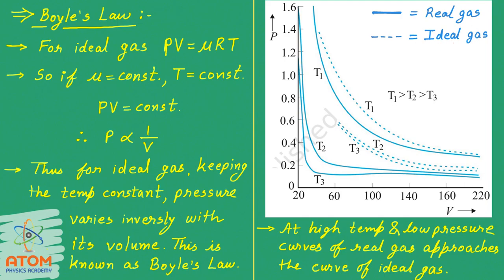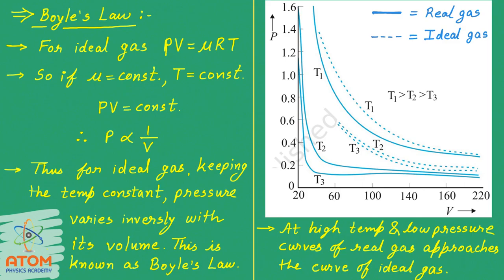So in other words, the continuous line curves show the practical graph of real gas and the dotted line curve shows the theoretical graph of ideal gas. You can also see that all the graphs are given for three temperatures, T1, T2 and T3, where T1 is the largest temperature and T3 is the smallest temperature.